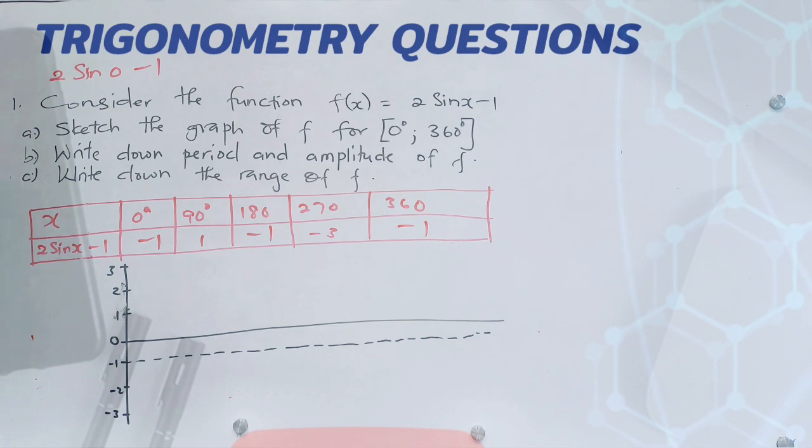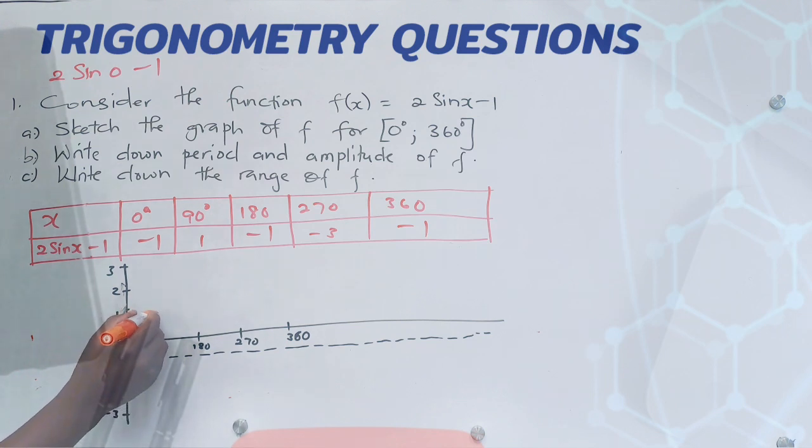So let's go to the first coordinate, 0 and minus 1. It's here. Then 90 and 1. Let me mark the x-axis: 90, 180, 270, and 360. So we have 90 and 1, it's there.